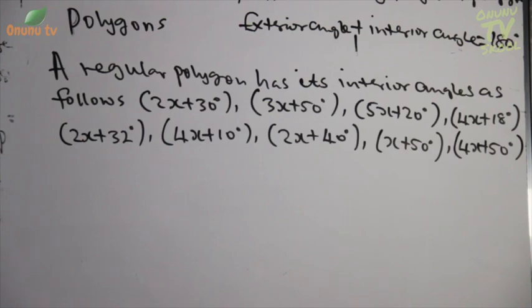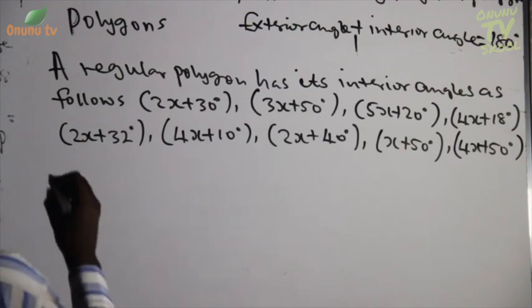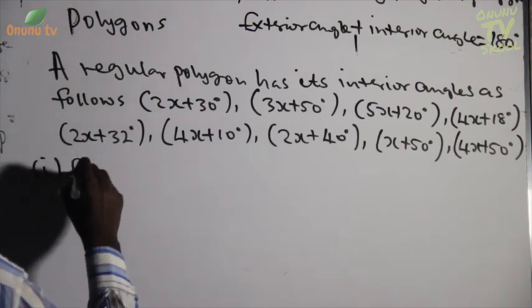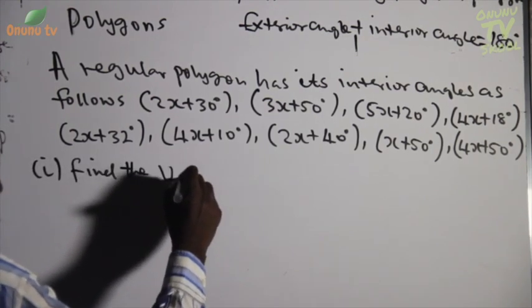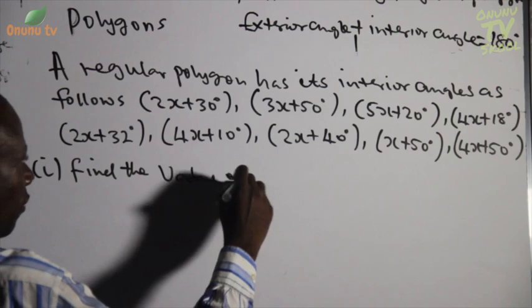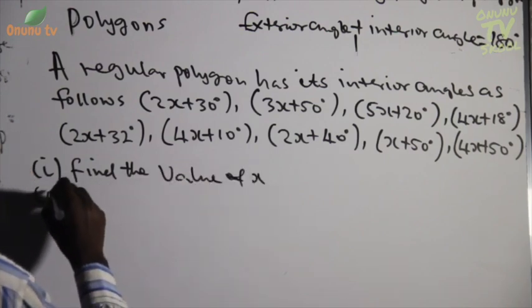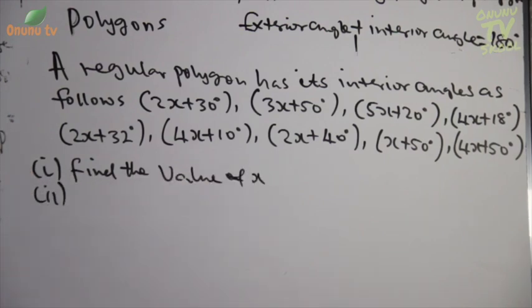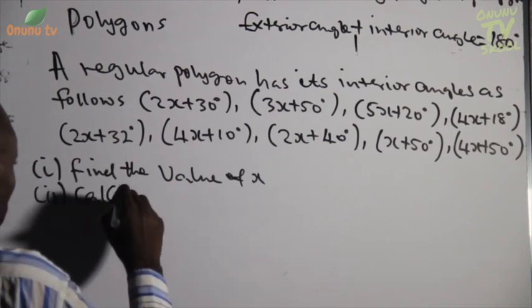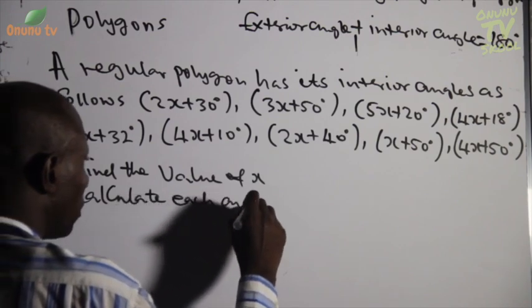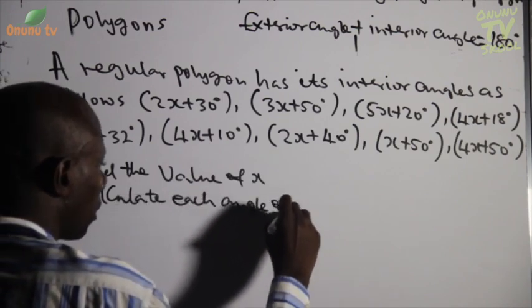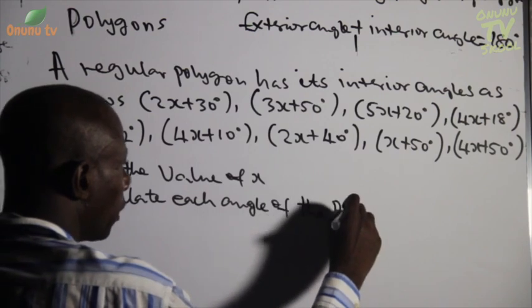They say find the value of x, and calculate each angle of the polygon.